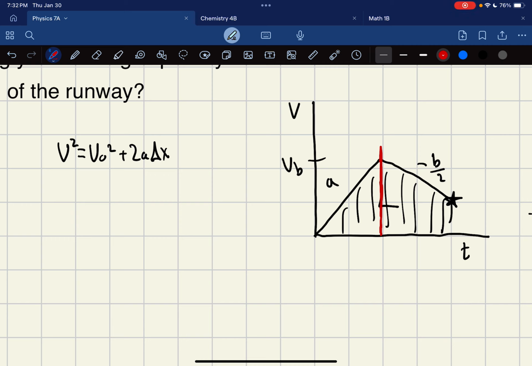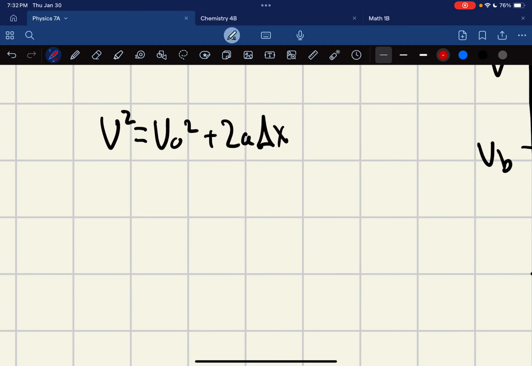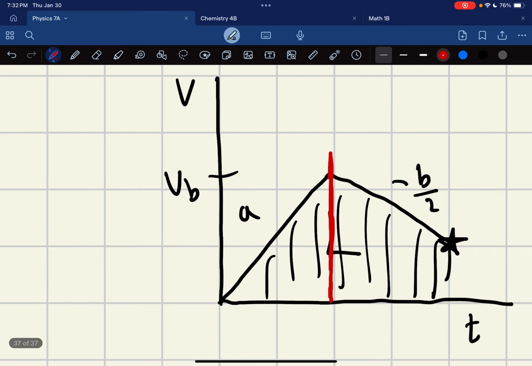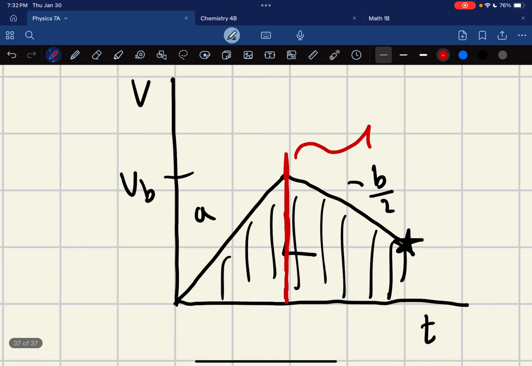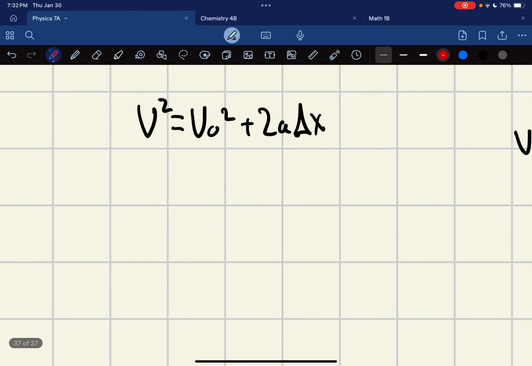Let me think about this. We might have to do two equations. Let's just see how this works out. I'm going to start by making the second half equation, which I'll call the red equation. We know our final velocity, that's what we're solving for, I'll just call it VF.